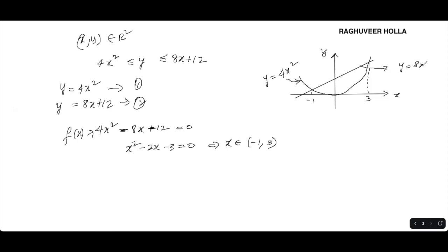These are the limits, and this is the required region. So we got the limits, which are required for the area, from −1 to 3.